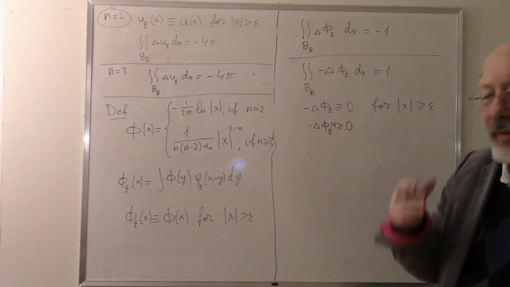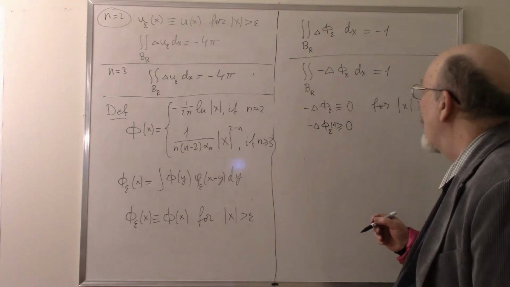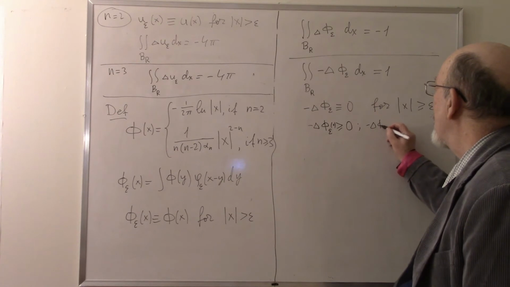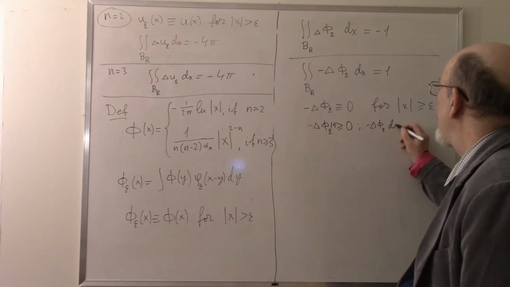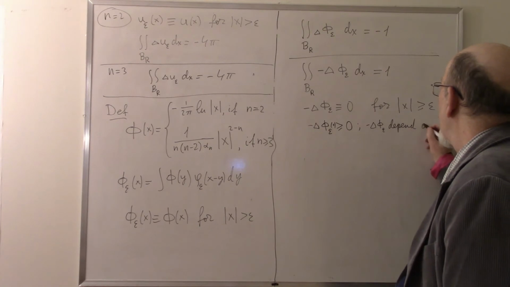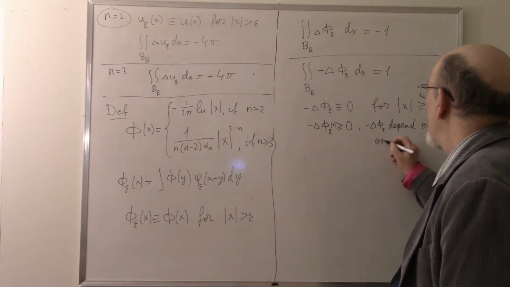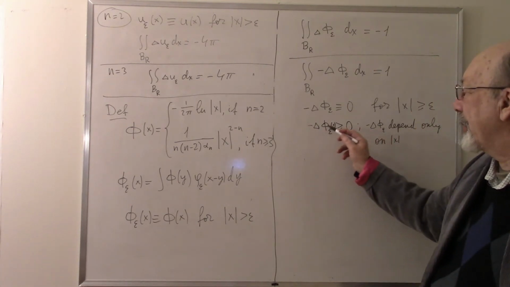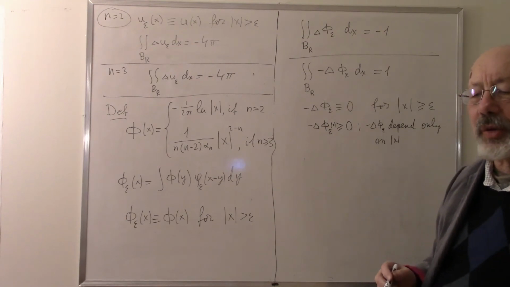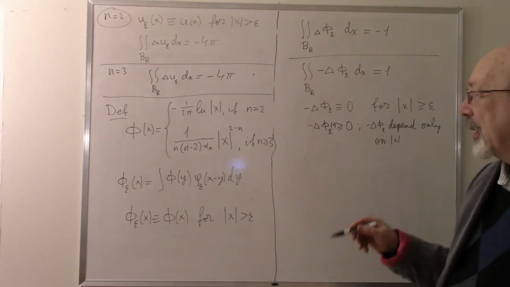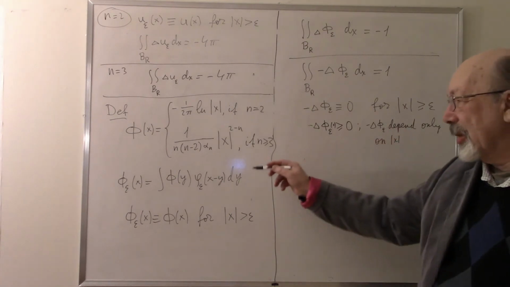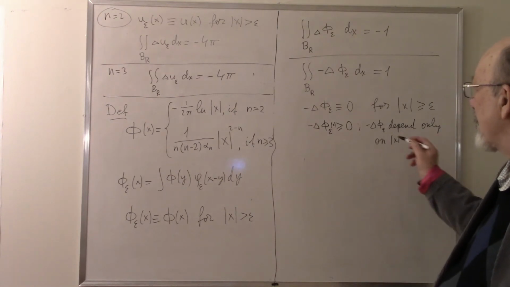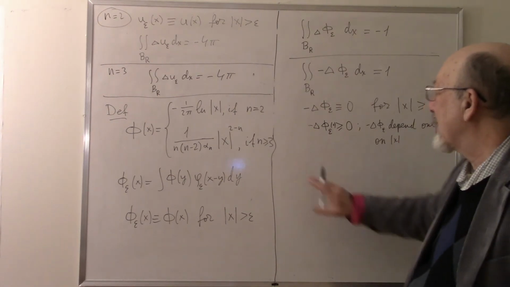I don't prove it; in fact, it is not so necessary. Minus delta phi epsilon depends only on module x, because phi is a radial function, depends only on radius, and phi small epsilon, the modifier, depends only on radius. So as a result, this function also depends only on the radius.